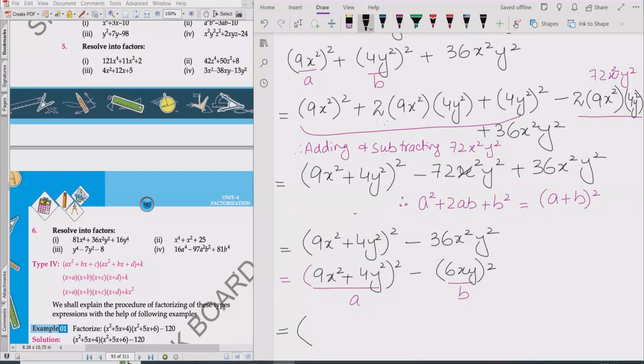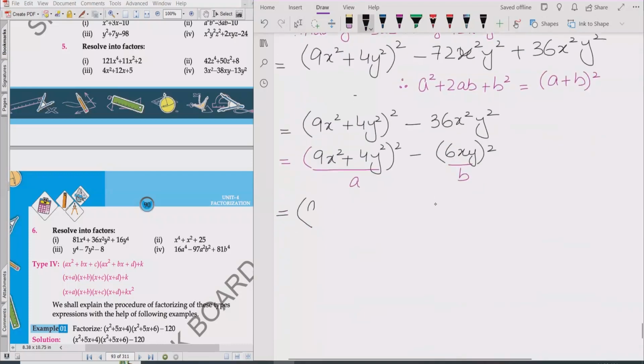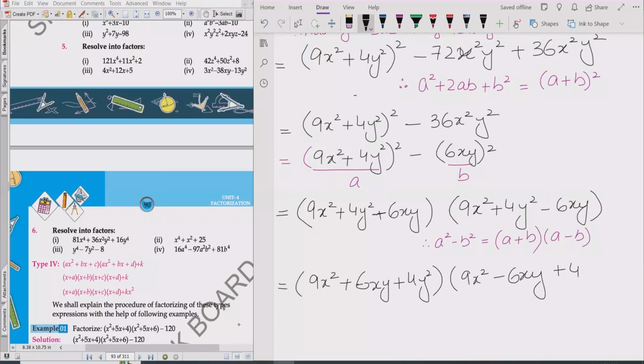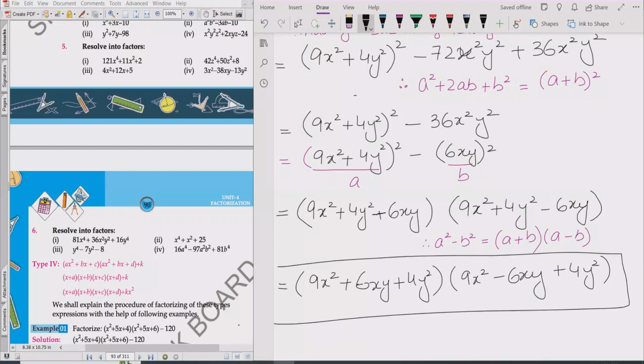Now we will apply the a^2 minus b^2 formula here. So (9x^2 + 4y^2 + 6xy) and (9x^2 + 4y^2 - 6xy), and we give the reference a^2 - b^2 = (a + b)(a - b), right? Again, we can arrange these terms: (9x^2 + 6xy + 4y^2) and (9x^2 - 6xy + 4y^2). So this is the answer of this part.